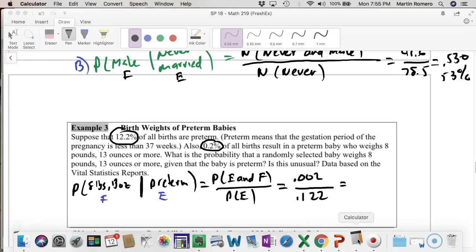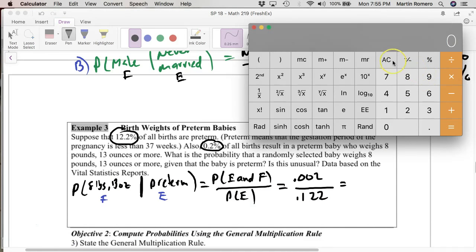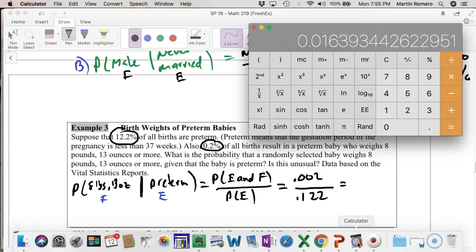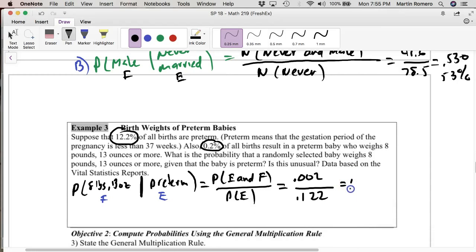We would just divide those two values, and we have it. 0.002 divided by 0.122. And so we have 0.016, or 1.6%. That's it.